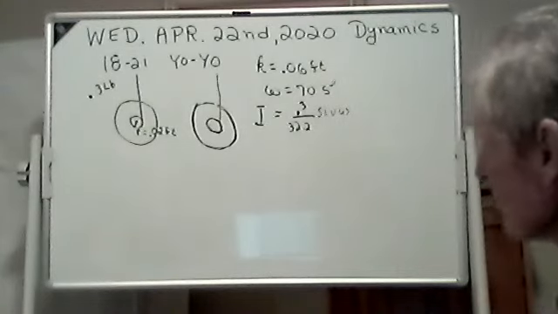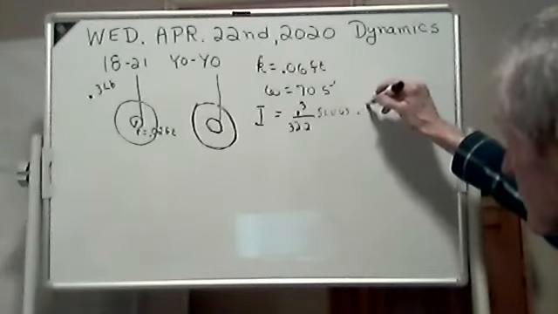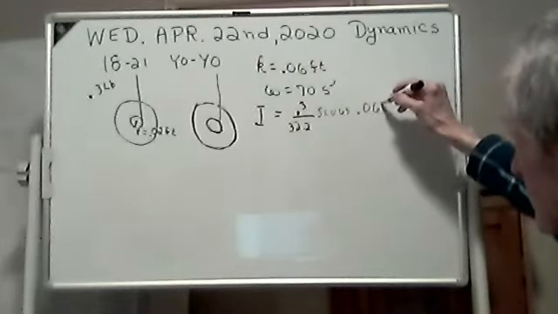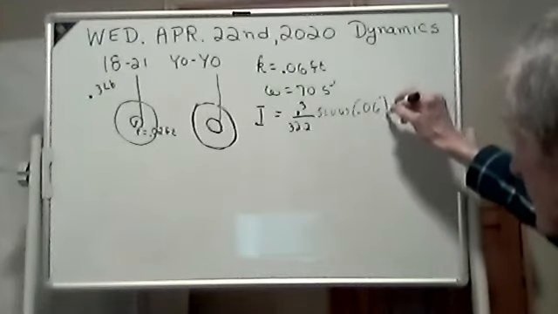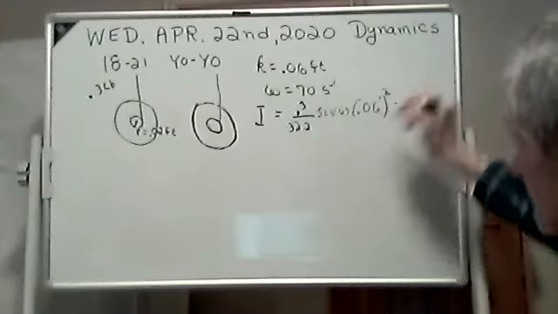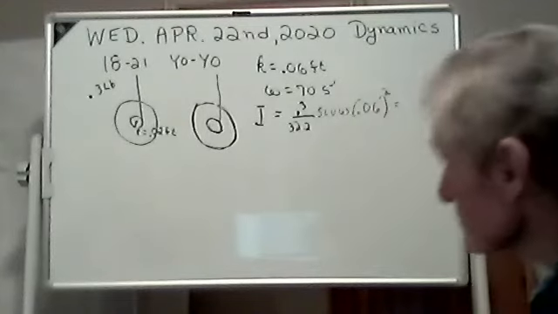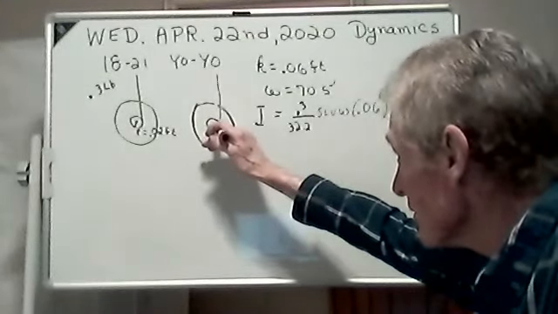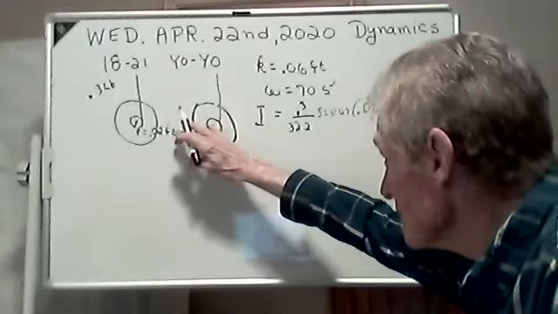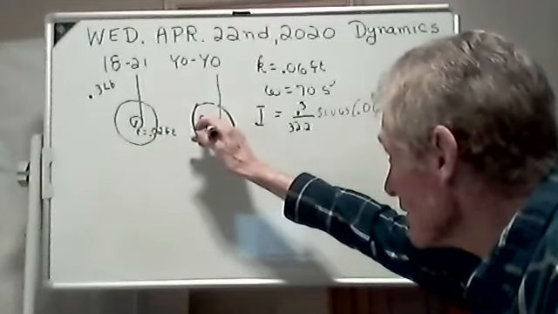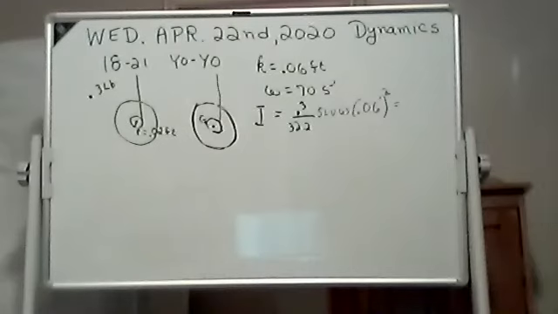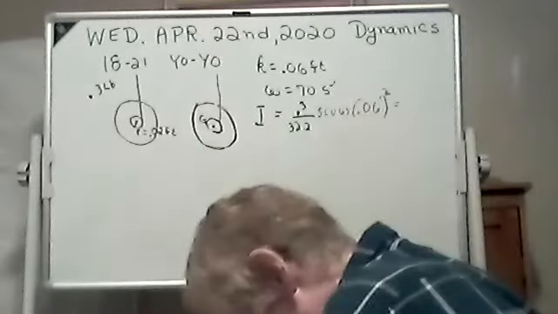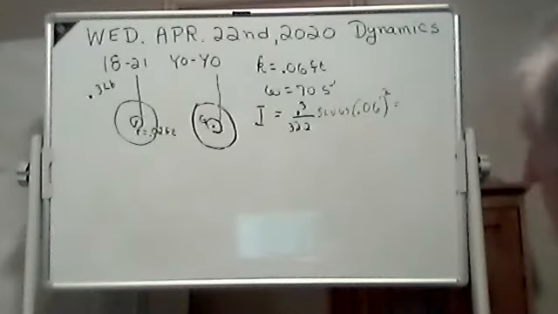And so you take that mass times 0.06 feet squared, and we will get the moment of inertia. I like to call this G right here. And so here it is. Okay, 0.3 divided by 32.2.